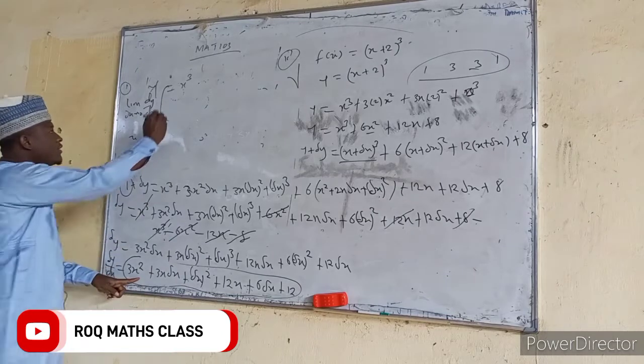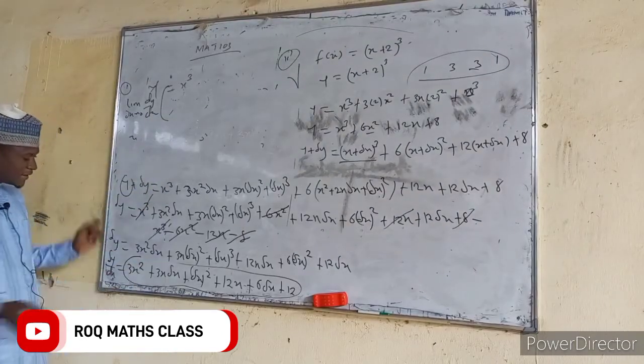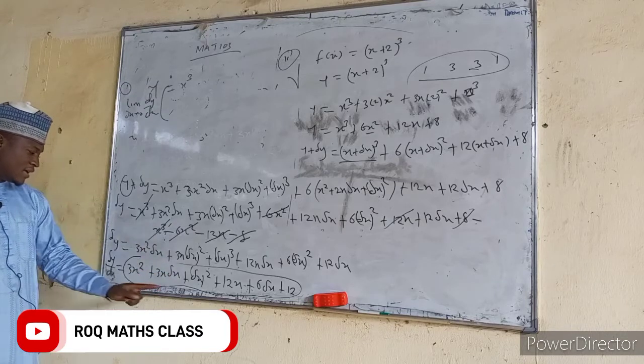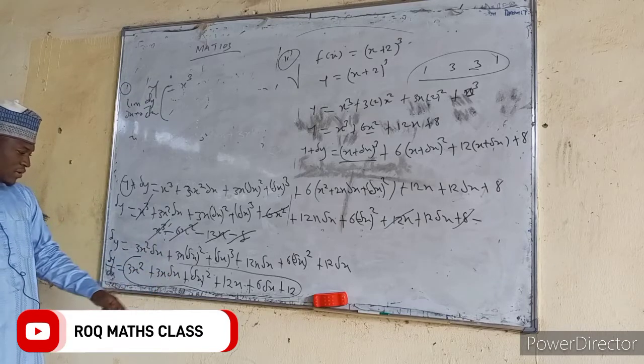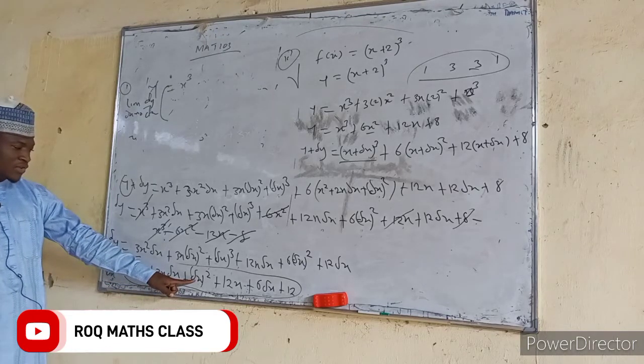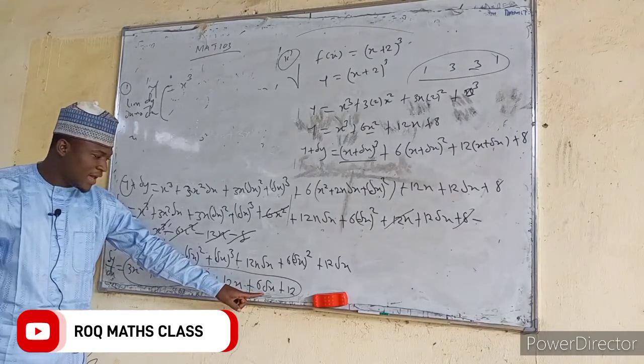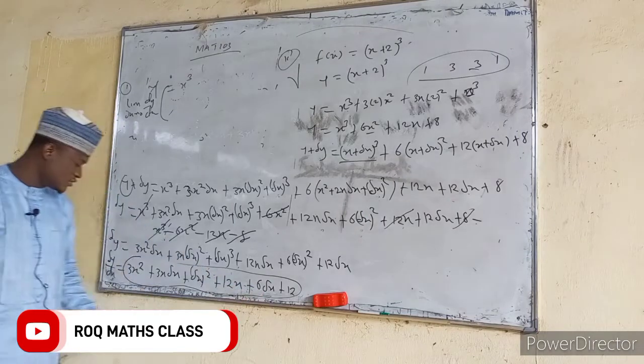So we apply limit as the x changes to 0 here. This one will change to 0 because of this the x. This one we have the x squared will also tend to 0. Here there is no the x. This one here there is the x, it will also change to 0.